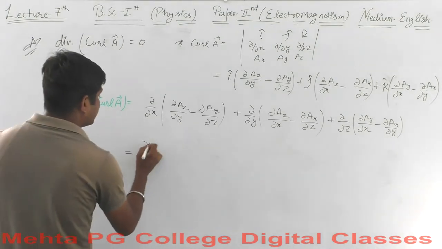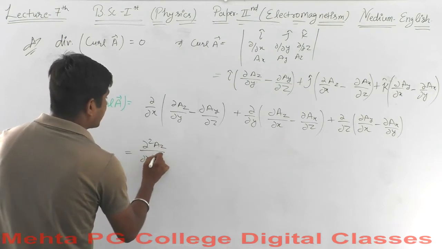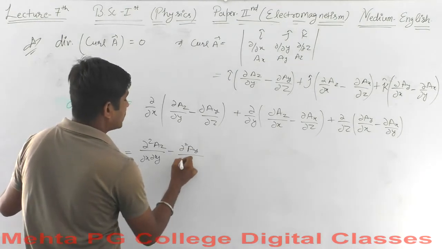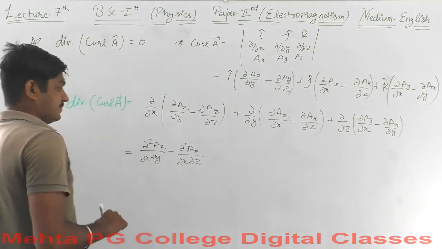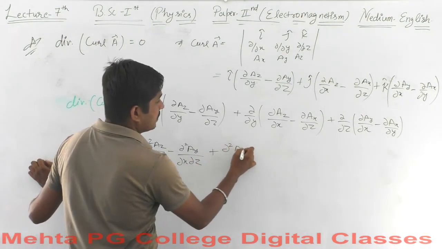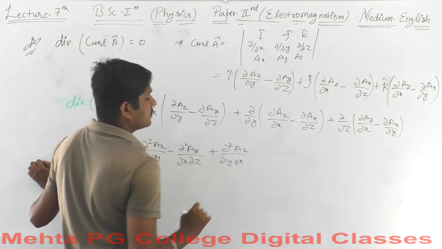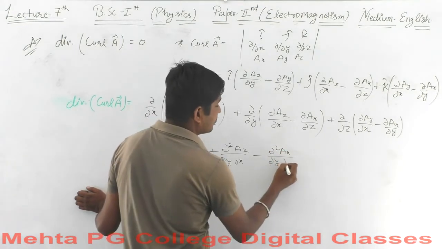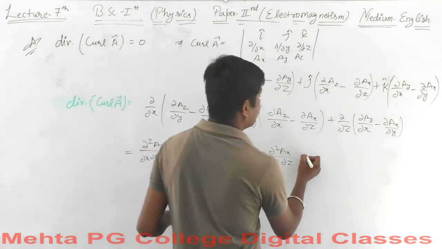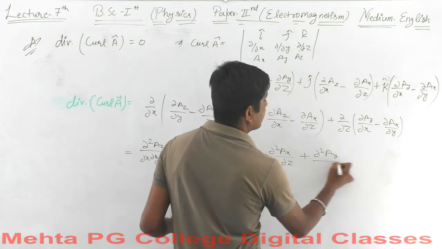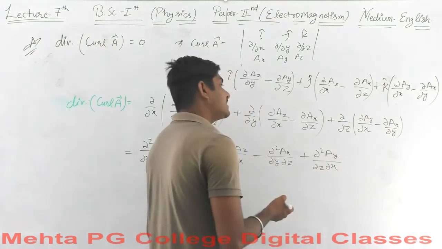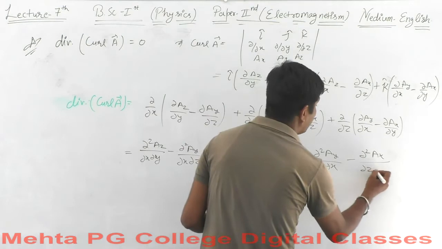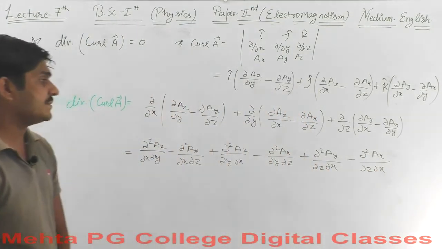Saying the ∂/∂x, ∂²az/∂x∂y minus ∂²ay/∂x∂z plus ∂²az/∂y∂x minus ∂²ax/∂y∂z plus ∂²ay/∂z∂x minus ∂²ax/∂z∂x.